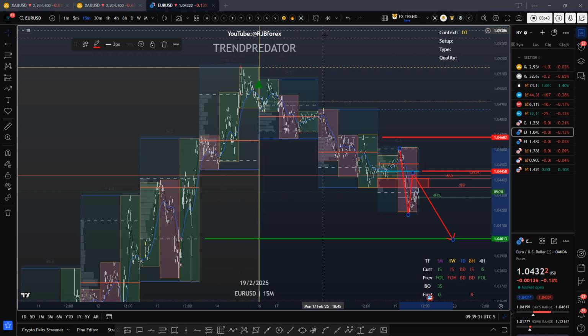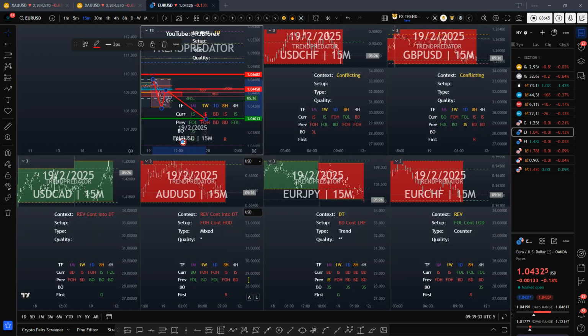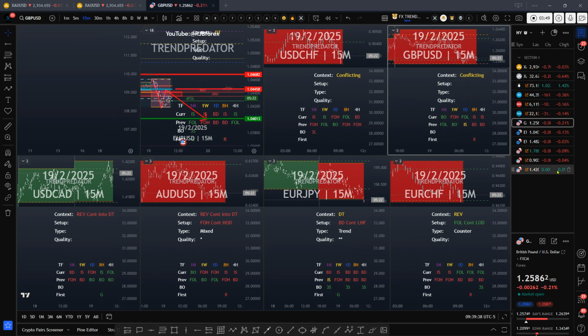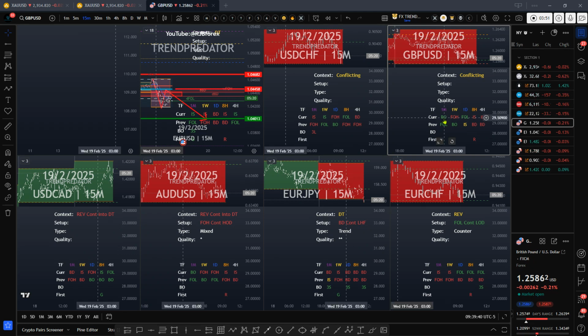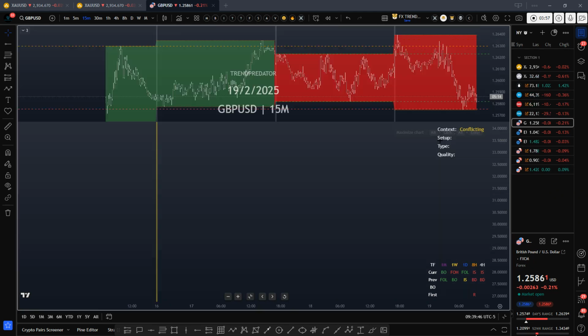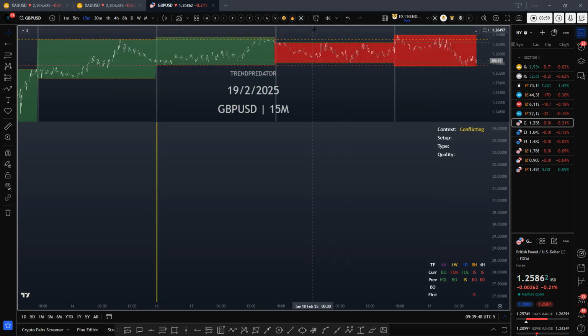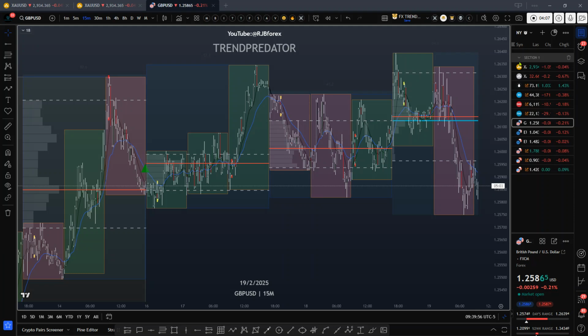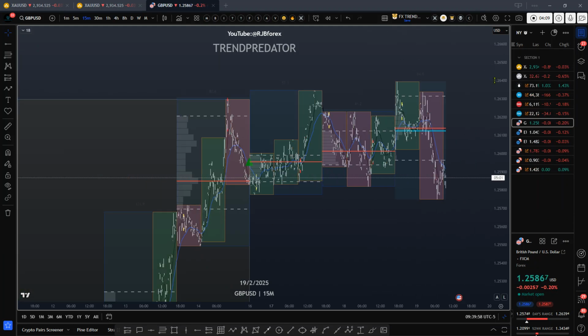And then with the pound, it's a conflicting market at the moment. We've got the monthly, weekly, and daily confliction there. So not something I'd be looking at to trade because it's too conflicting. Opening up the chart, we can see what would need to happen for this to be tradable.